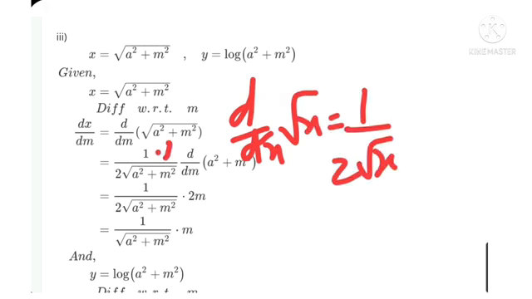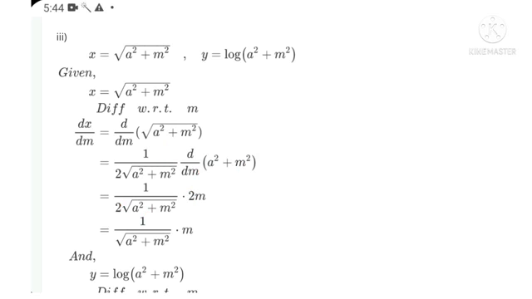So you use the formula here. The derivative of root a square plus m square is equal to 1 upon 2 root a square plus m square into again the derivative of a square plus m square. First write as it is. The derivative of a square is 0 and the derivative of m square is 2m. 2 gets cancelled. So what remains? m upon root a square plus m square.